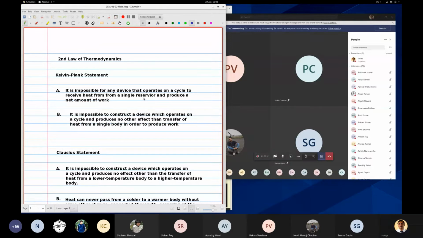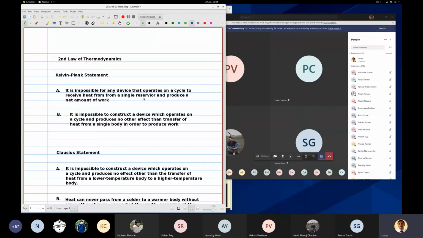Now, if that is true, it will not violate the first law of thermodynamics, right? Say some school kid who does not know is saying that it flows. It will not violate the first law because energy that is lost from the lower temperature body will be given to the higher temperature body. There is no problem. It will follow the first law of thermodynamics.